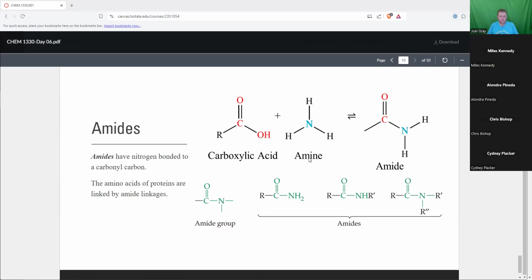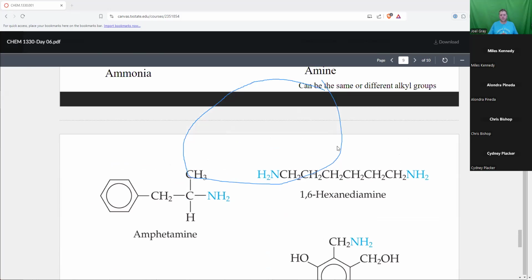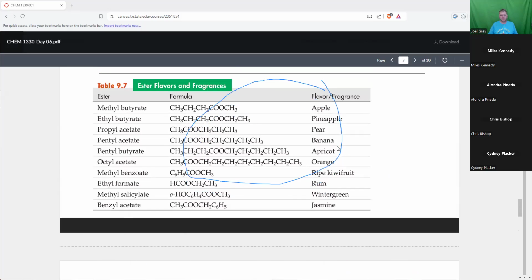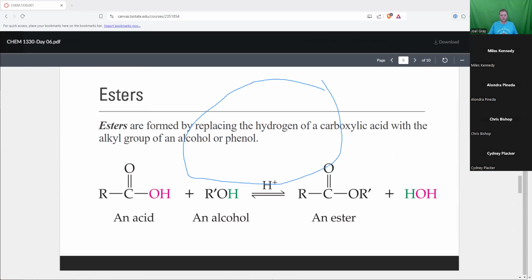Now, I think it's worth your time whenever you see amide to ask: what are the reactants, or what are the things that come together to make that? Similarly, we'll scroll up a little bit. What comes together to make an ester?